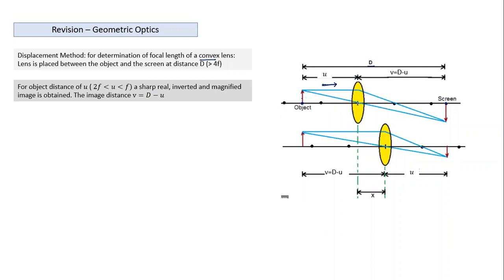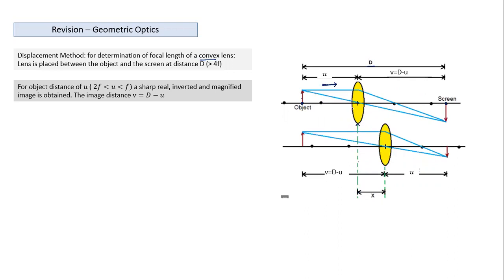If we continue, there's one particular position. If I move the lens further by a distance x from the first position of sharp image, I find another sharp image. This is the displacement of the lens, and that's why I call it the displacement method. There are two different positions of the lens for which a sharp image is obtained without changing the distance between the object and the screen.